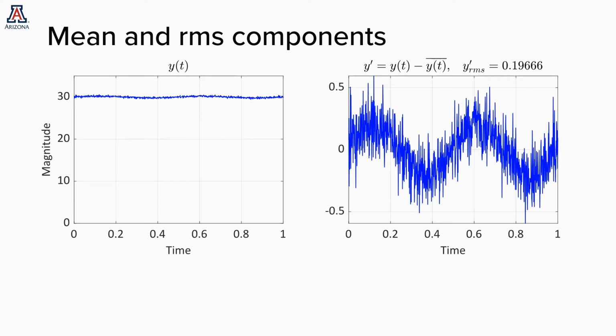So y prime is just the original signal y minus the mean of y, and the reason we do that is shown here on the right plot. You can dramatically improve your resolution by just taking that DC offset out. So now instead of barely being able to see that this signal is wavy, you can see pretty clearly that it's wavy because it allows you to zoom in a little bit better.